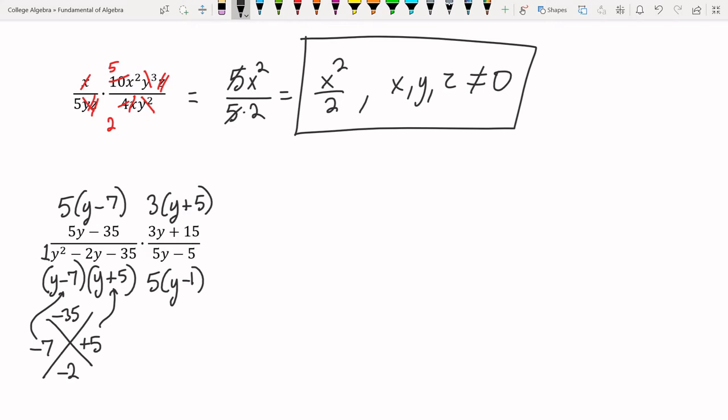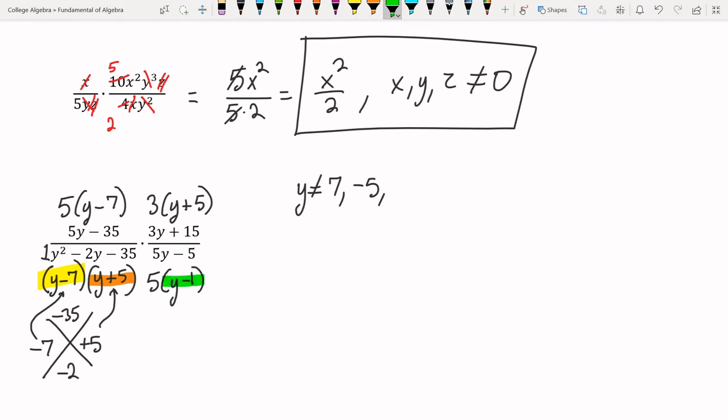Okay, now looking at the denominators, we see that y cannot be three things. Looking at this first one here, when y equals 7, that equals 0, and that's a problem. So y can't equal 7. Looking at the orange here, y cannot equal negative 5.